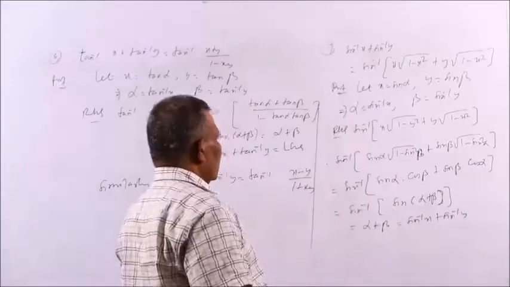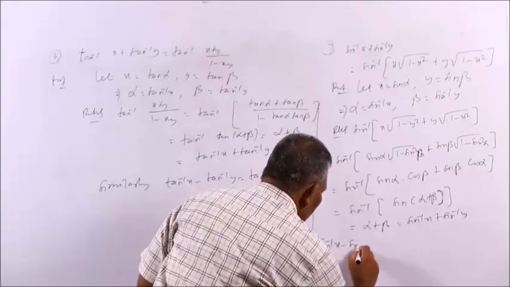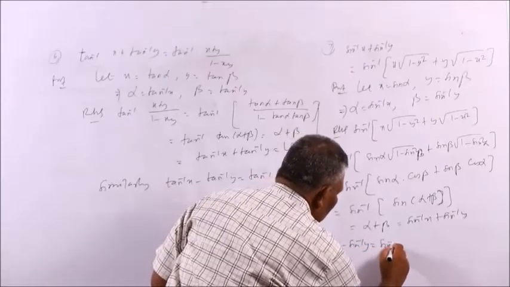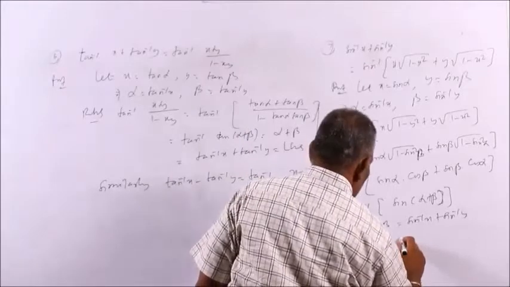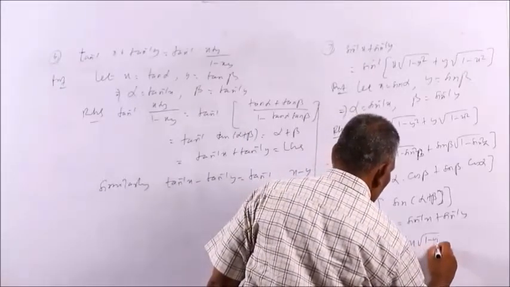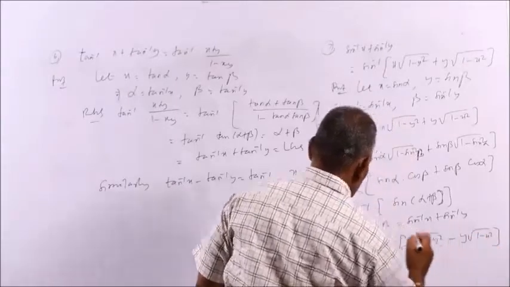Similarly, we can take sin inverse x minus sin inverse y equals, just replace plus with minus: x into root over 1 minus y square minus y into root over 1 minus x square.